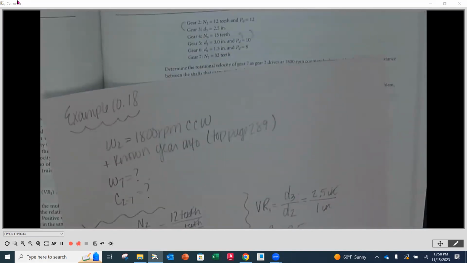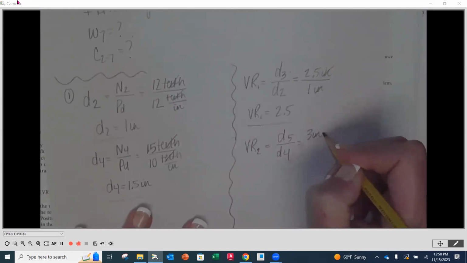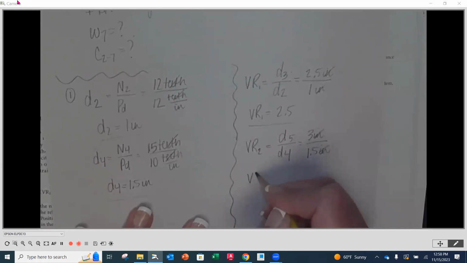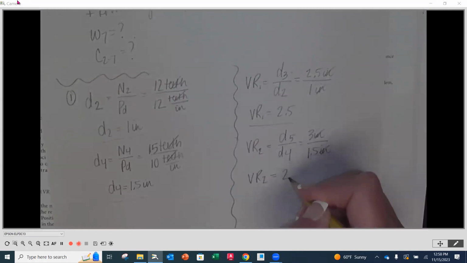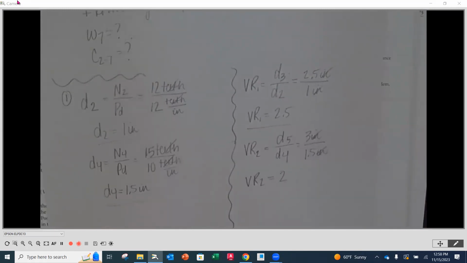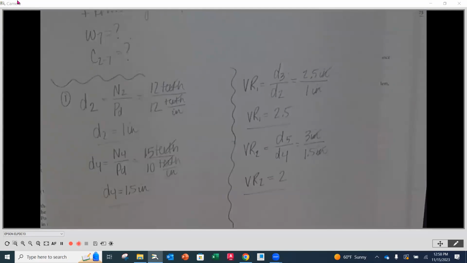So this is going to be 3 inches and then 1.5 inches. Cancel those two out. Velocity ratio here, number 2. What do we get? Get 2. Makes sense, right? Half of 3 is 1.5.